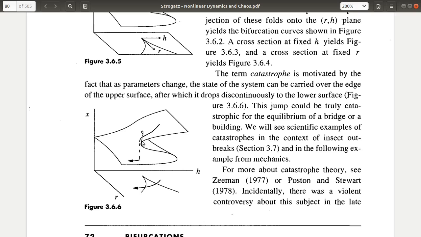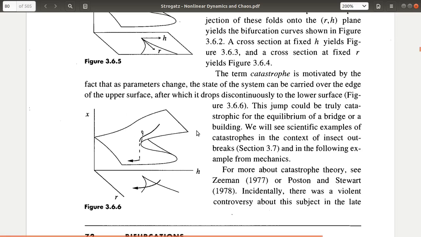Let's say the system is at one particular configuration, and suddenly there is a jump to some other configuration due to a slight change in the control parameters. Such a behavior is unacceptable for some physical structures, and therefore such a behavior in a dynamical system is termed catastrophe.